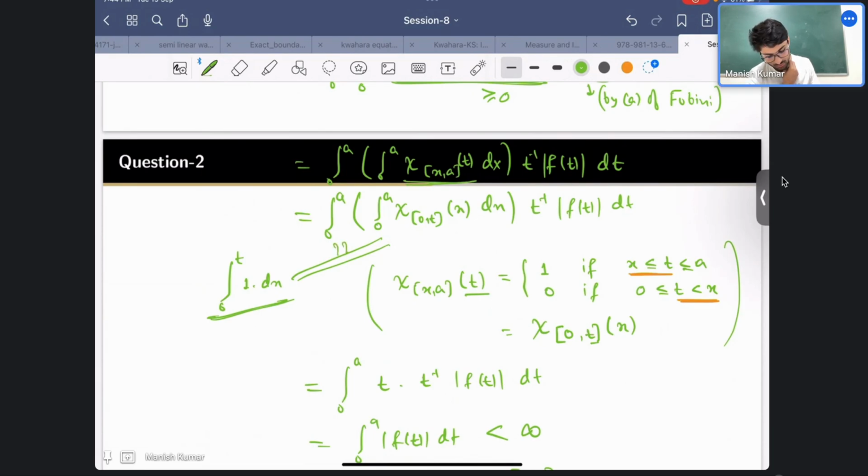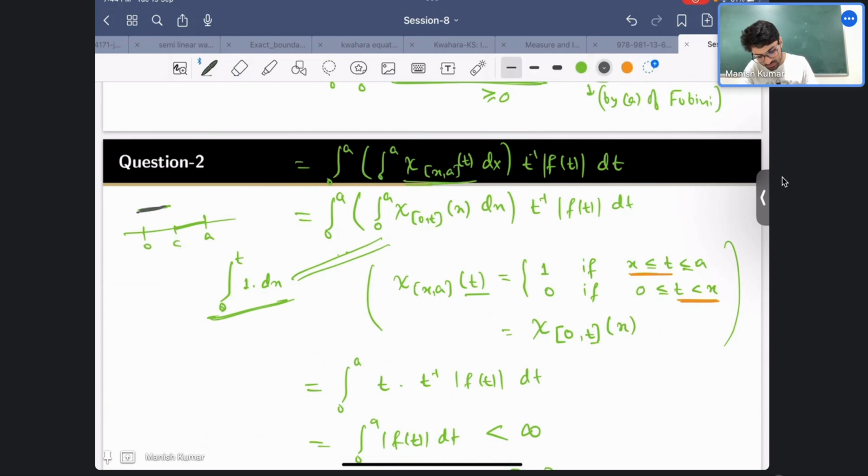Yes, sir. So this is 1 when it's in 0 to t, right? And if it is greater than t, it's 0. Suppose this is your 0, this is your a, and the function is like this. Suppose this is your t, so this is 1 here, and this is 0 here. So what will be the integration of 0 to a? You just have to consider 0 to t, right? Suppose you have c here, and the function is this.